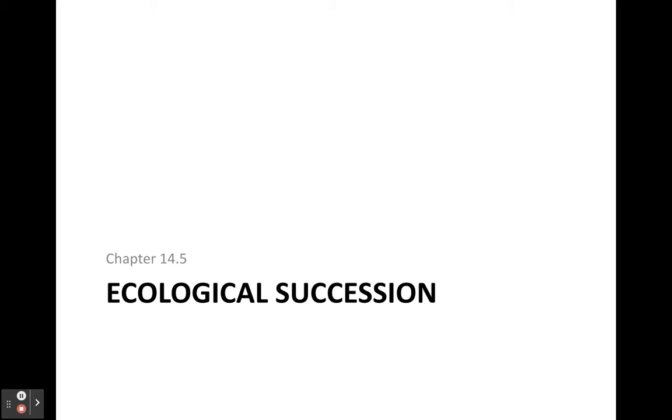Now when we're talking about ecological succession, rather than one king succeeding another king, we're looking at an ecological community that succeeds a previous ecological community. So we're looking at a change in the makeup of an ecological community over time.